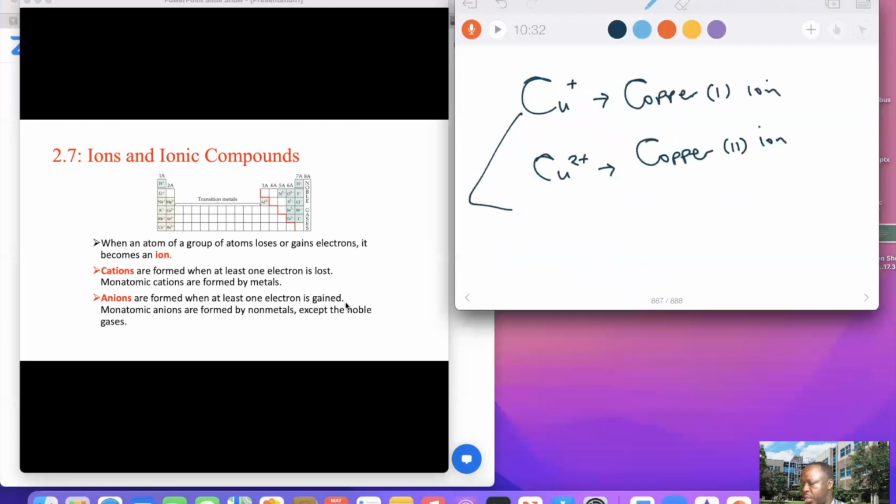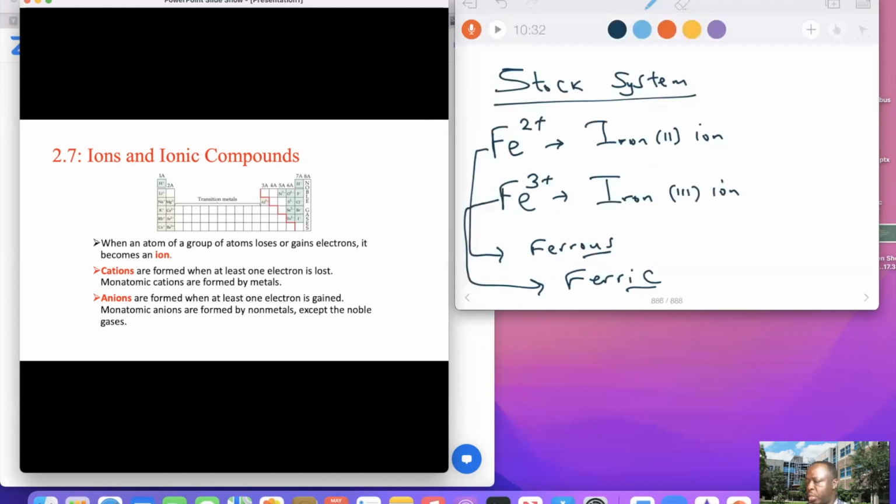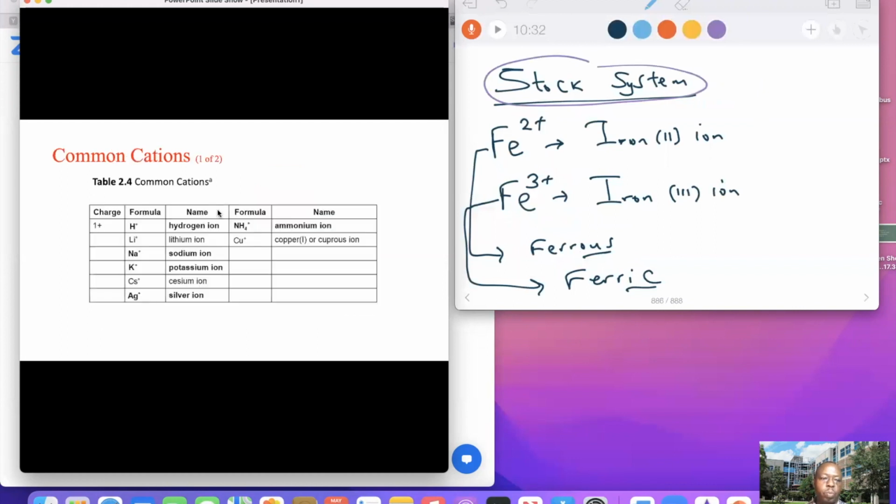This is cuprous, cupric. OUS, IC: cuprous, cupric, please. Those are just the old way of naming them, but learn the Roman numeral, which is basically the Stock system. This is the Stock system and how it is used in naming the cations formed by the transition metals.